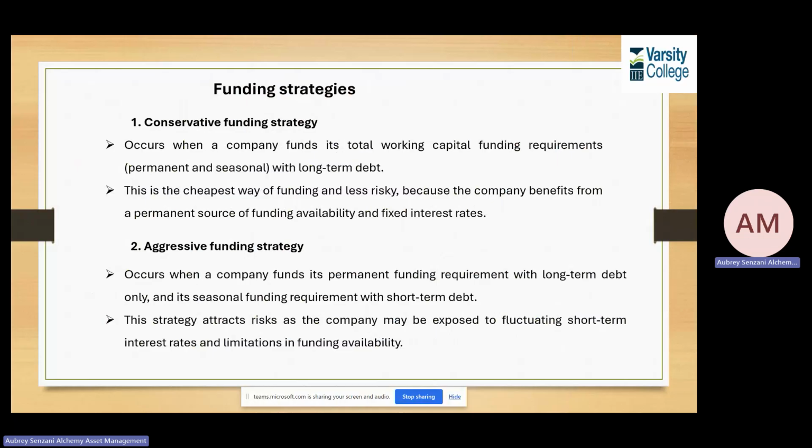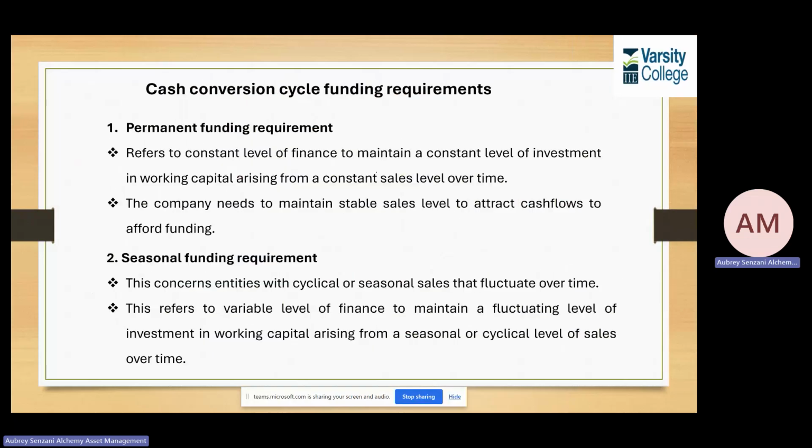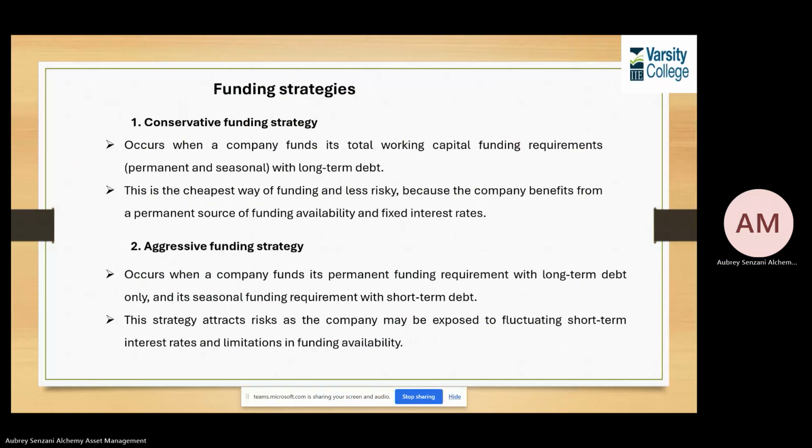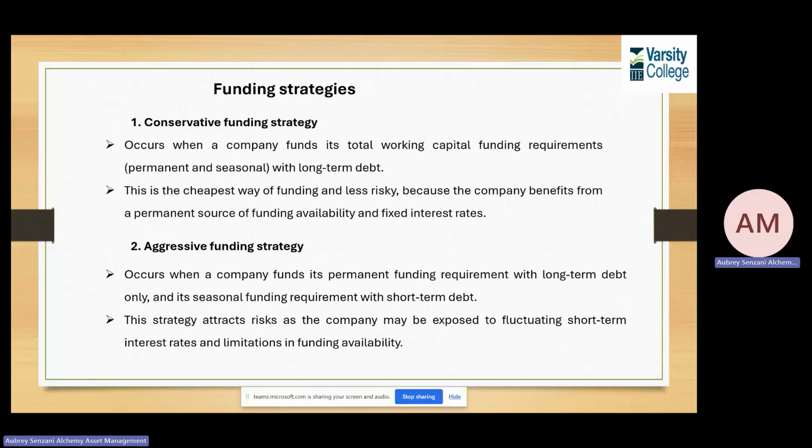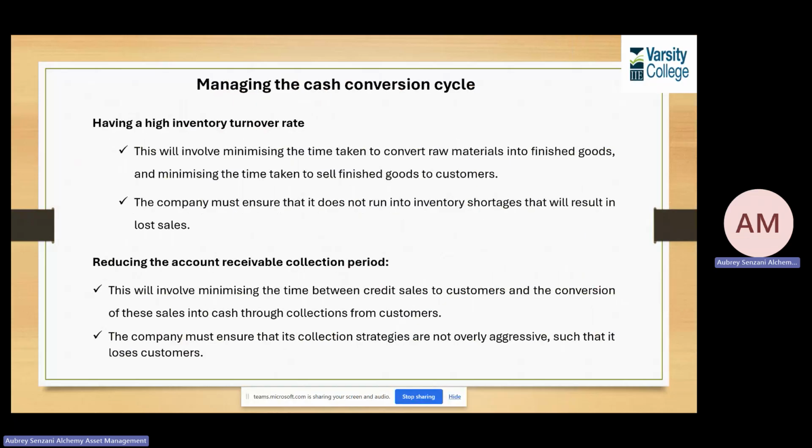Okay, so make sure that you understand the funding requirement, seasonal and permanent, and then obviously the strategies, conservative and aggressive.